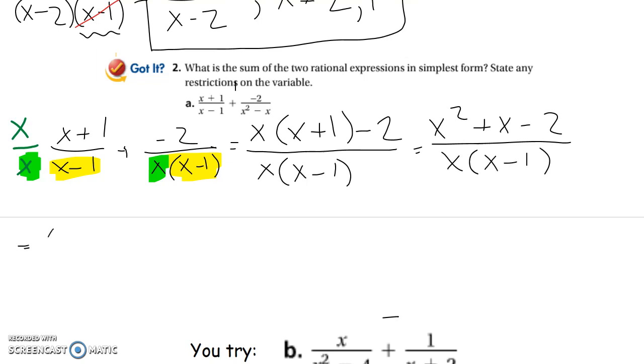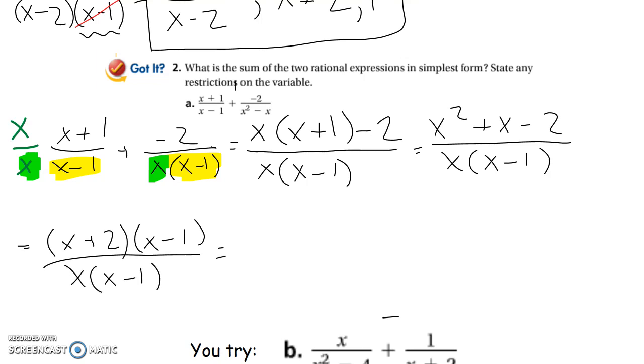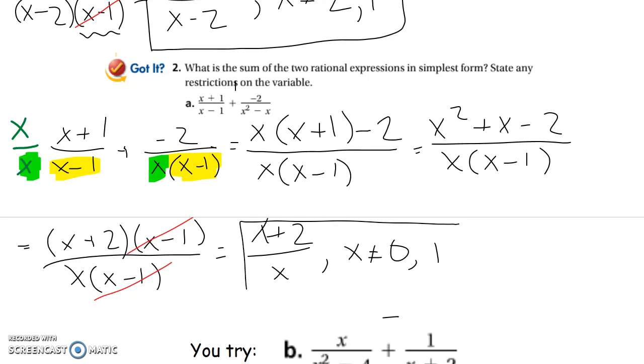If we factor the numerator, that is x plus 2 times x minus 1 divided by x times x minus 1. If we cancel out the factors in the numerator and denominator that repeat, we are just left with x plus 2 divided by x, and x cannot equal 0, and it cannot equal 1.